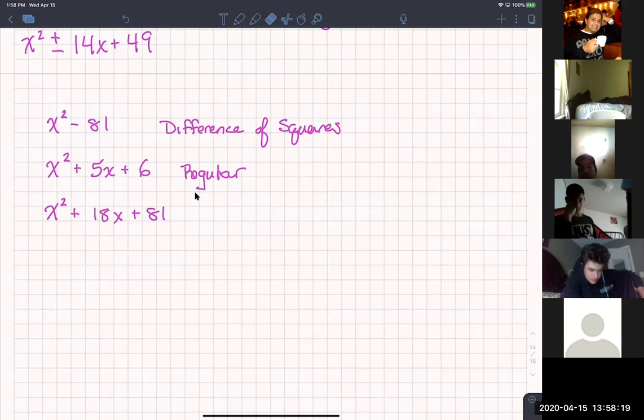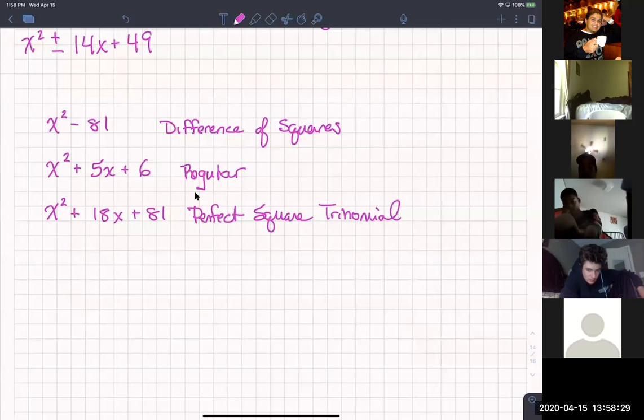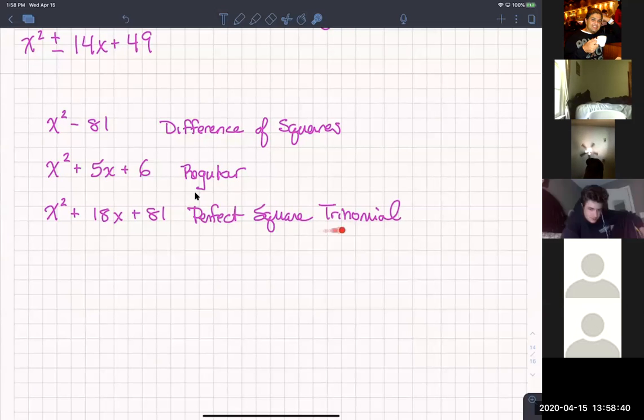And this is a perfect square trinomial. The reason I know this is a difference of squares is because it's the difference, that means the subtraction of a perfect square minus another perfect square. I know this is a perfect square trinomial because the middle term, I get it from the square root of the first term times 2 times the square root of the last term, which is 9 times 2, which is 18. Everyone on the same page?